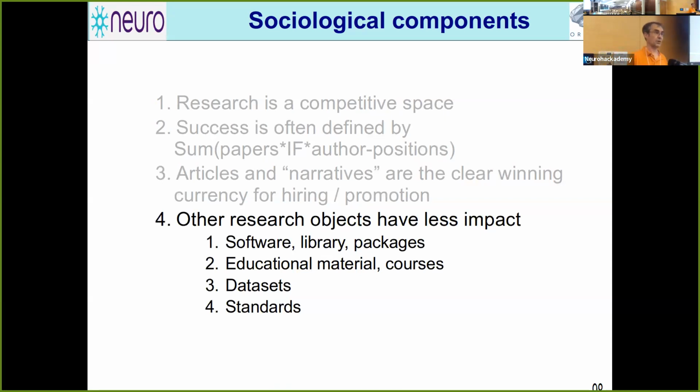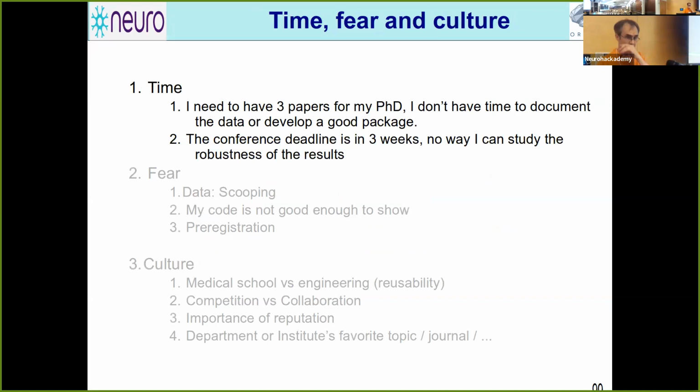Other objects of research, such as software, library packages, educational material, data sets, even standards, may have a lot of impact on actual scientific progress, but much less recognition in our academic world. Oh, you don't see the title.